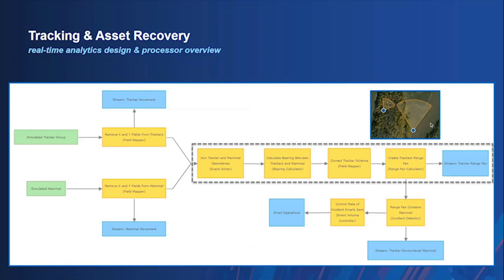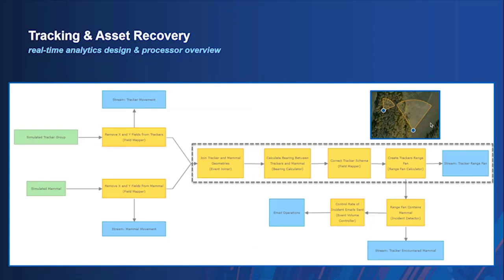So if we recall from before, the bearing calculator requires an origin and a destination within the same event record in order to calculate that bearing. And so in this case, our trackers and their location is the origin, and the bearing is then generated using the mammal's location within the same record as the destination.